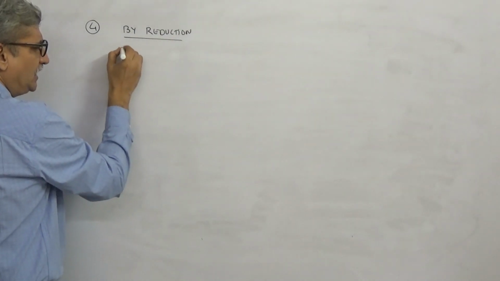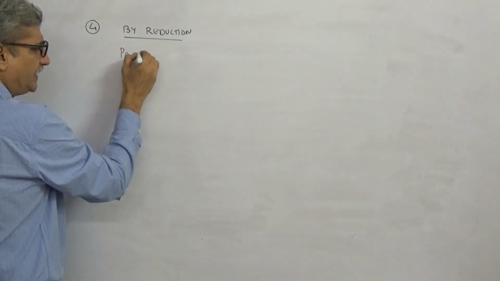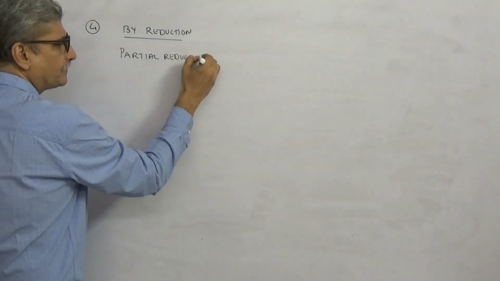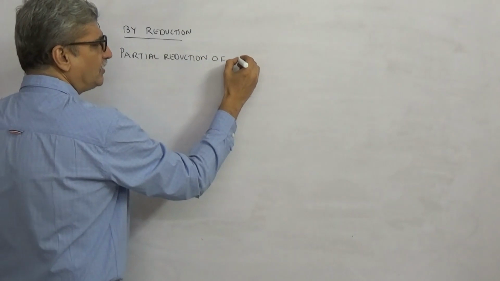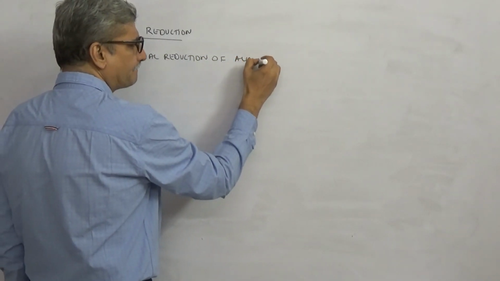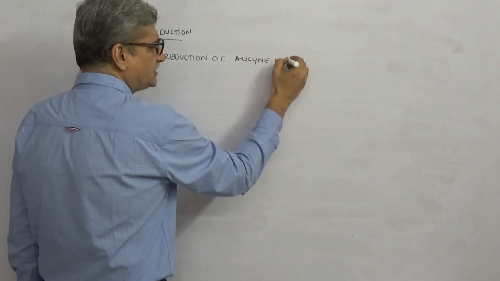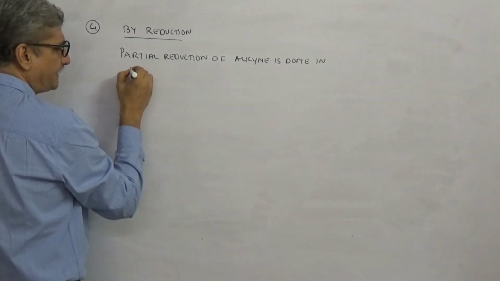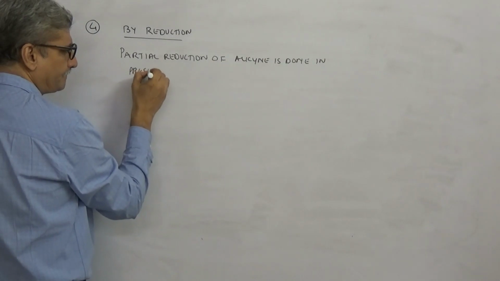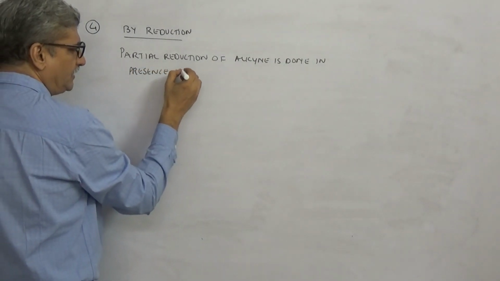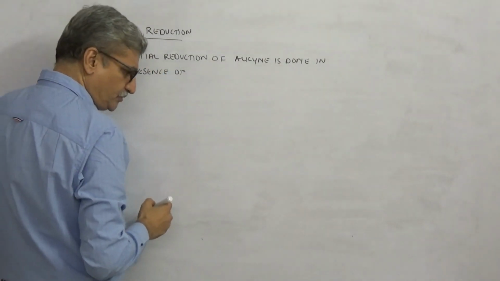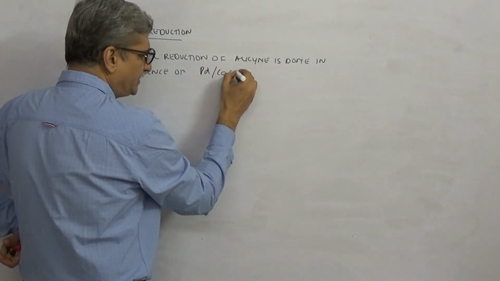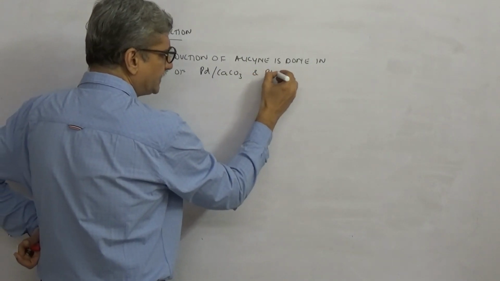See, partial reduction of alkyne is done in presence of, or using, catalyst palladium, calcium carbonate and lead acetate.